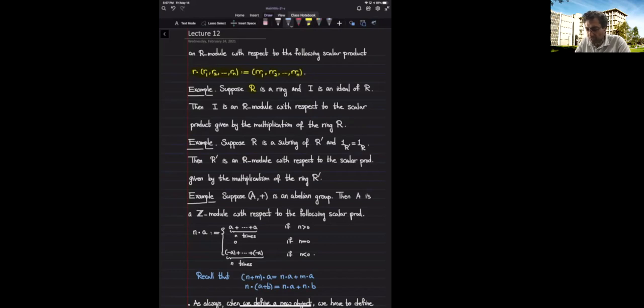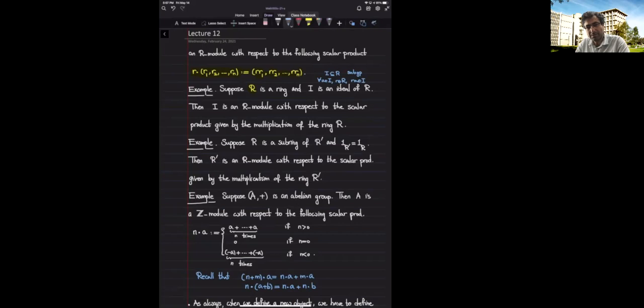I is a subset of R, and for every a inside I and r inside R, r times a is inside I, and I is an abelian subgroup. Then of course, with multiplication that comes from the ring R, I would be a module, because it has a scalar multiplication that comes from multiplication in the ring, and it has additive structure.